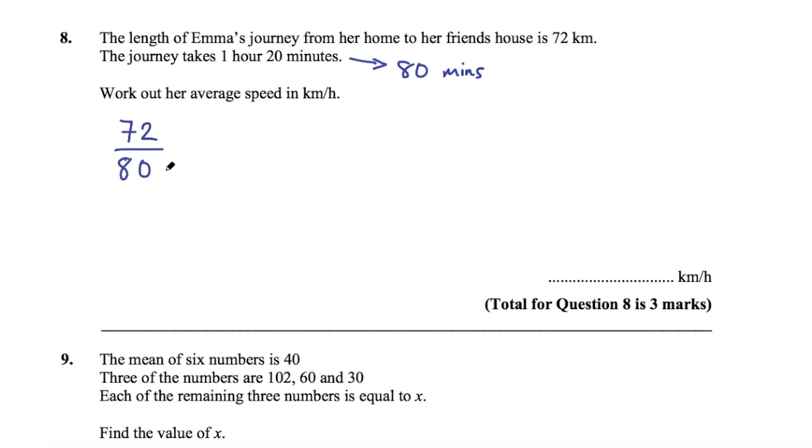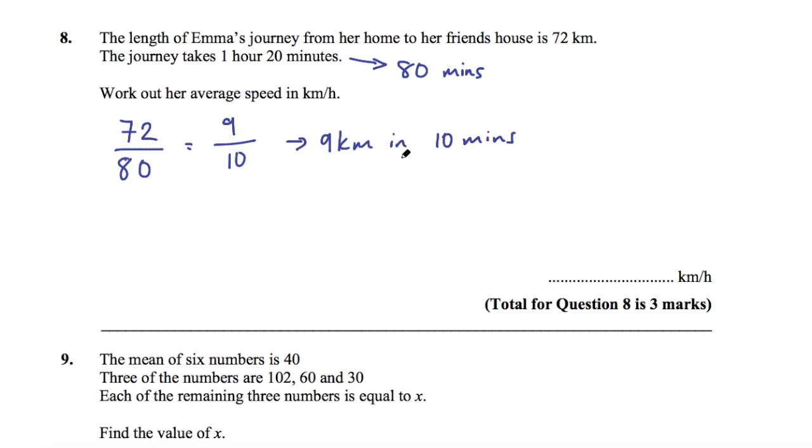So we can write this as 72 kilometers in 80 minutes. And then if we have a look at this fraction, we can reduce this. So 8 goes into both numbers here. 8 goes into 72 9 times, and 8 goes into 80 10 times. So this fraction 72 out of 80 turns into 9 over 10. So this means that she did 9 kilometers in 10 minutes.